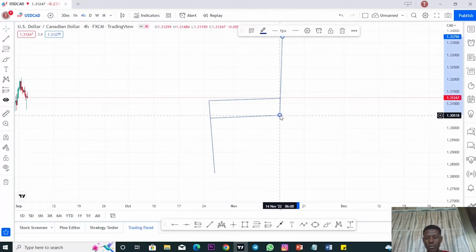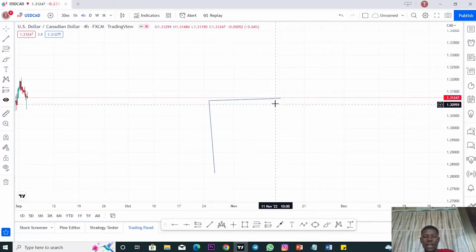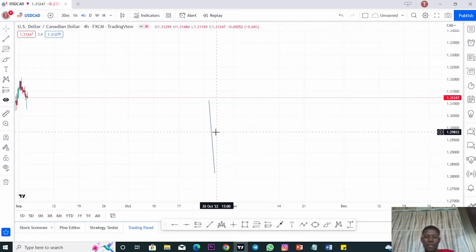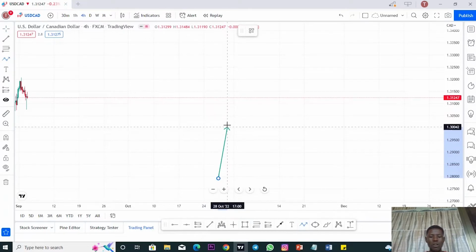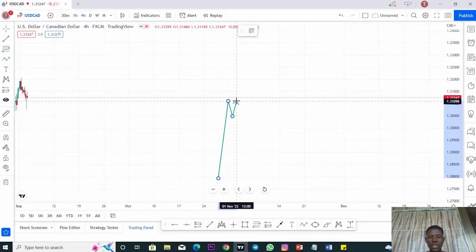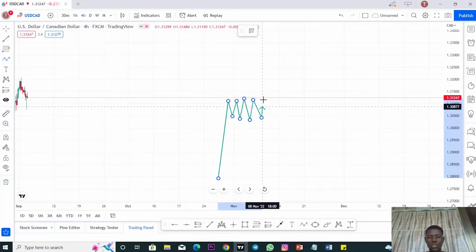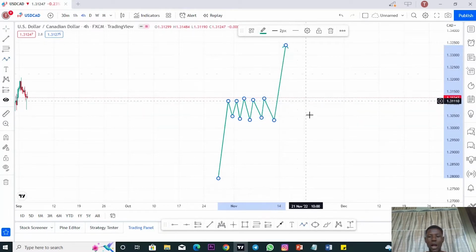So this is how the flag is created, or how the market develops the flag. You see price pushing from the downside, then price starts to consolidate at a certain point. It consolidates for some time, then price spikes all the way to the upside.